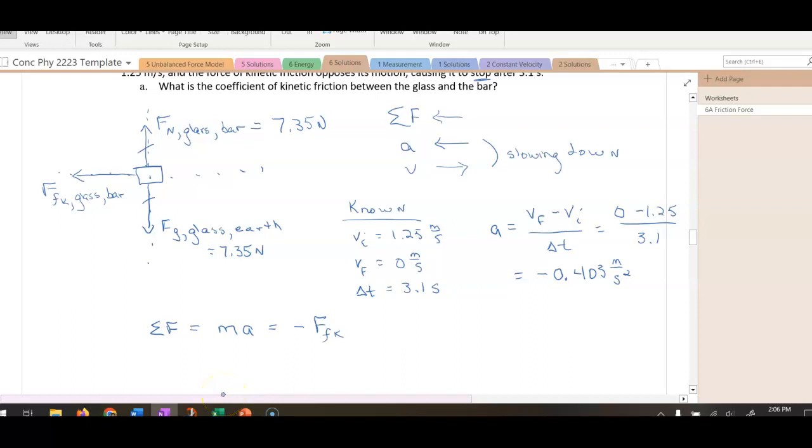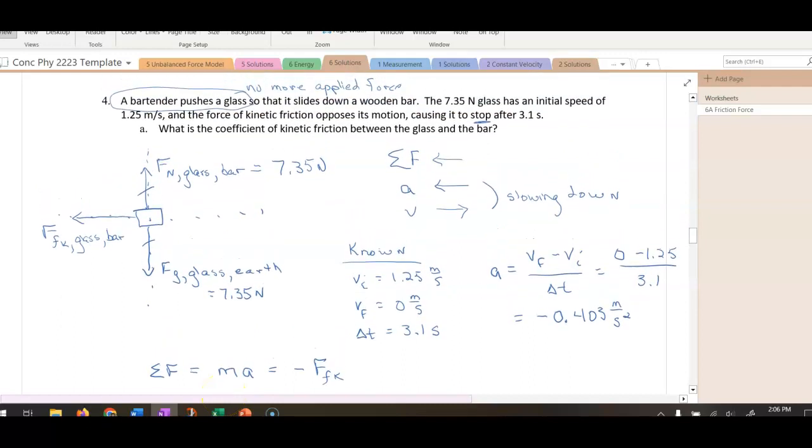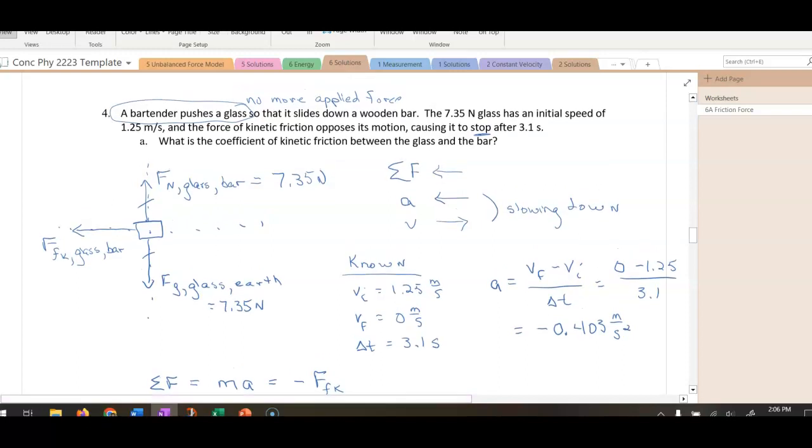Okay, so the mass, do I know the mass of the glass? I don't know that yet, right? They gave me the weight of it, so let me find that. The mass of the glass is 7.35 newtons divided by 9.8 meters per second squared, which is 0.75 kilograms.